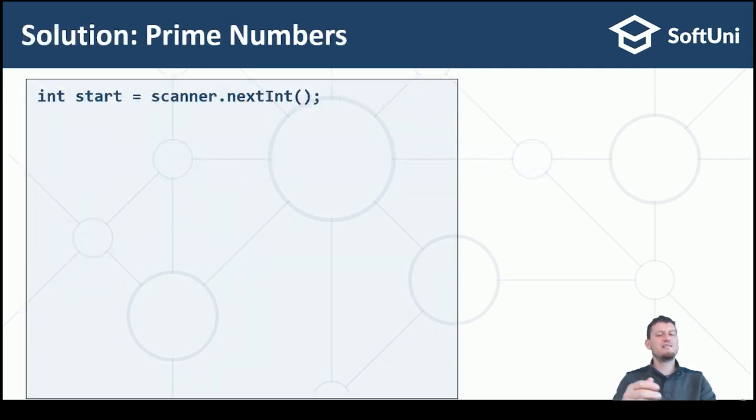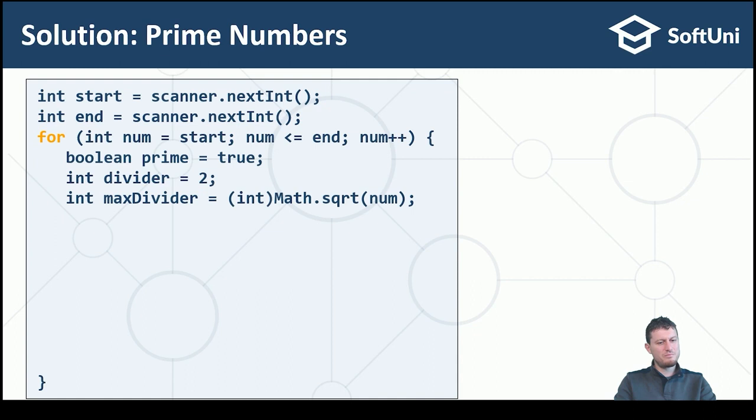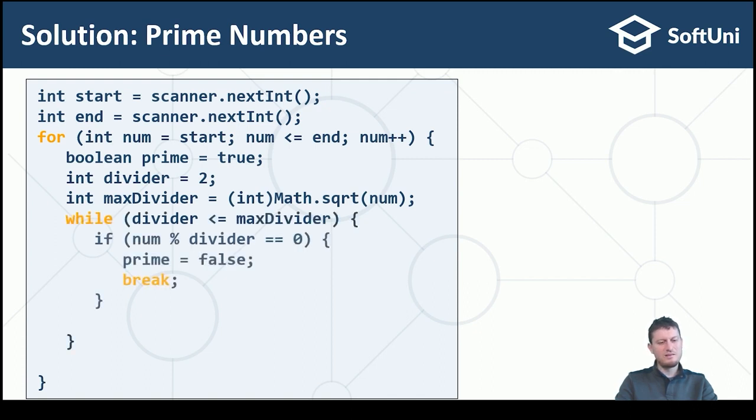This is the solution I had in mind before the start of the lesson. We have start and end. We make a loop from start to end, and we assume the number is prime. We start from divider 2, and we have max divider, which is the square root of num. And while the divider is less than or equal to max divider, if the divider divides num, it's not prime, we break. Otherwise, we increase the divider.